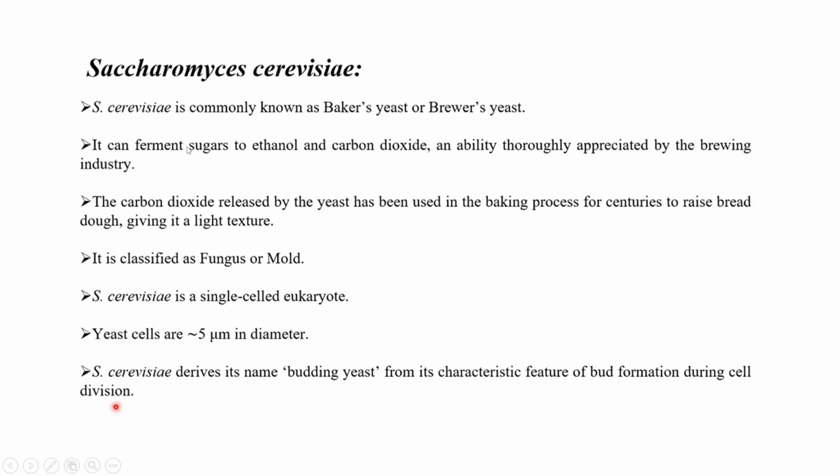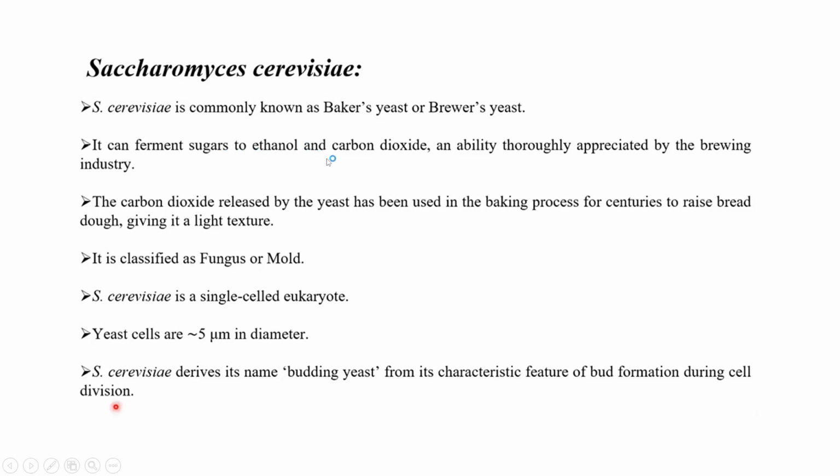It can ferment sugars to ethanol and carbon dioxide, an ability used by the brewing industry. So in the industrial process of ethanol production, we use the Saccharomyces cerevisiae. In that, they ferment sugars to ethanol and carbon dioxide. In the general glycolysis pathway present in humans and other organisms, sugars are taken up, go through glycolysis and produce pyruvate.